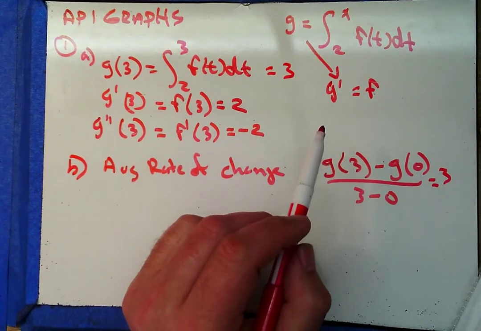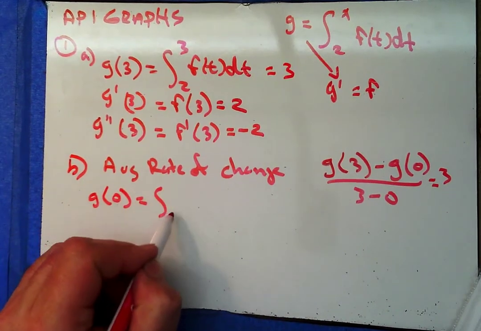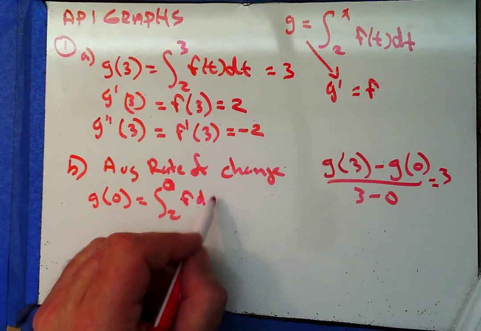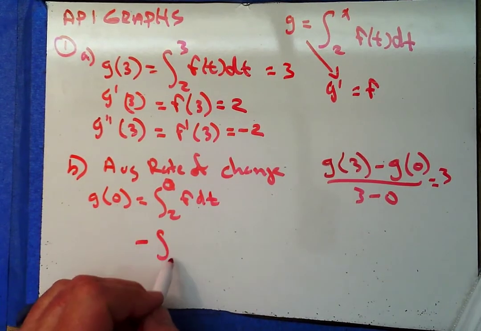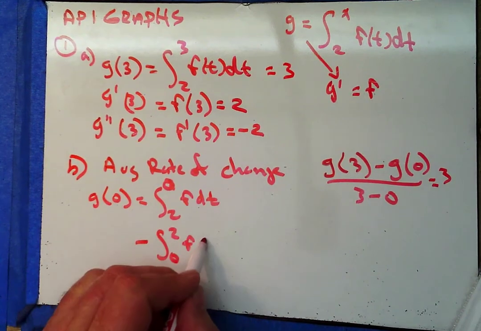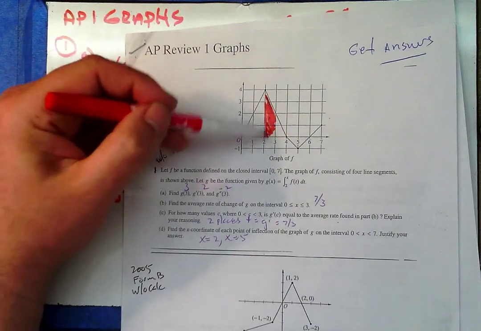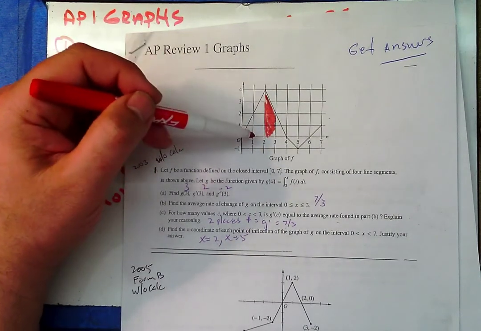g of 0. Well, g of 0 is the integral from 2 to 0 of f dt, and that would be negative the integral from 0 to 2 of f dt. So the integral from 0 to 2 is this triangle whose base is 2 and whose height is 4.